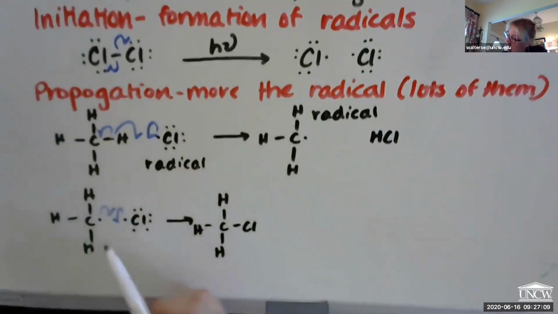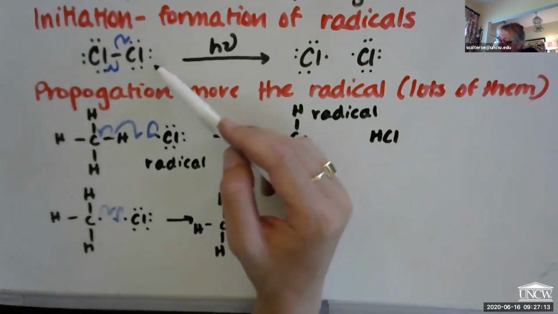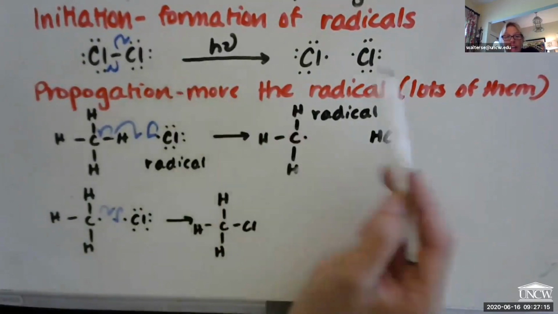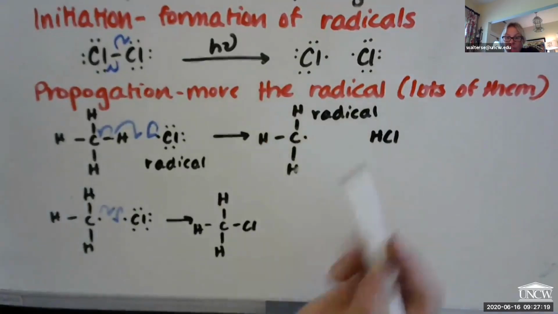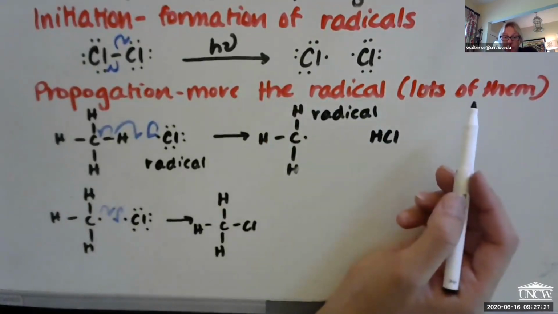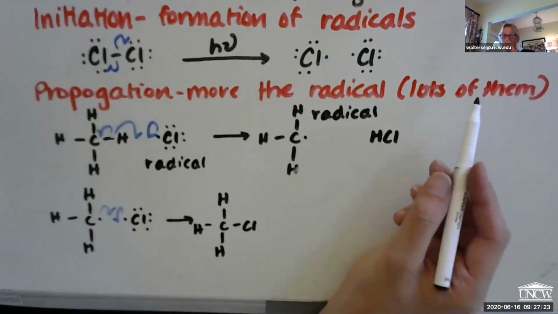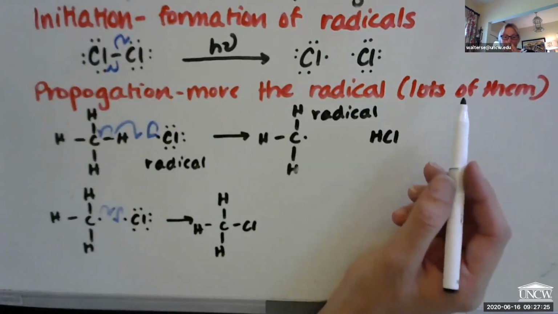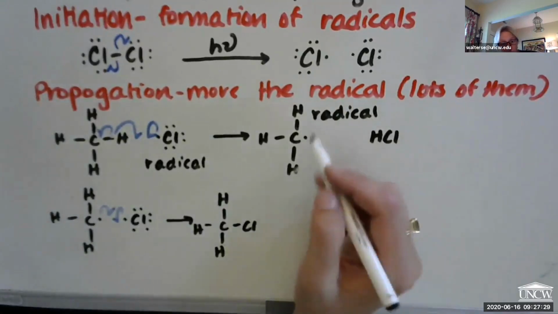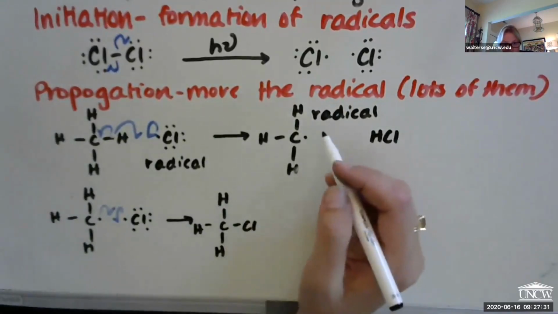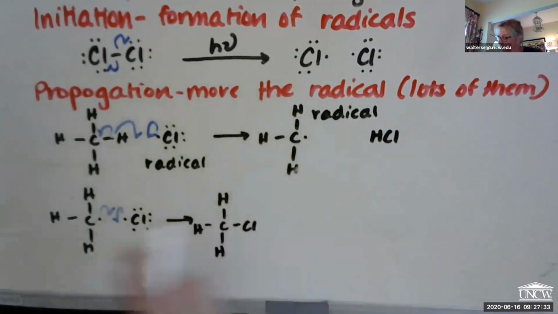But this radical could find a diatomic chlorine and make a chlorine radical. So there's tons of these reactions, and the more times you let the reaction occur, the more you're going to get a generation of different types of radicals.